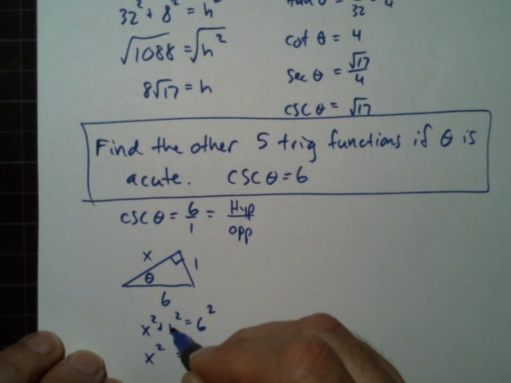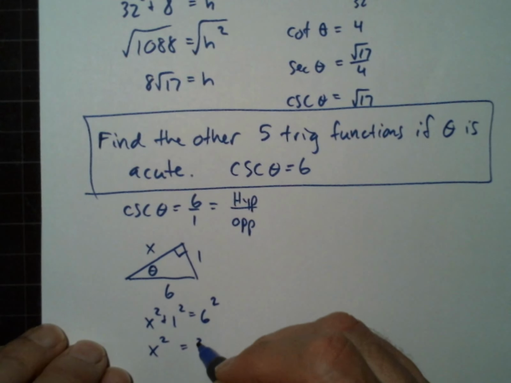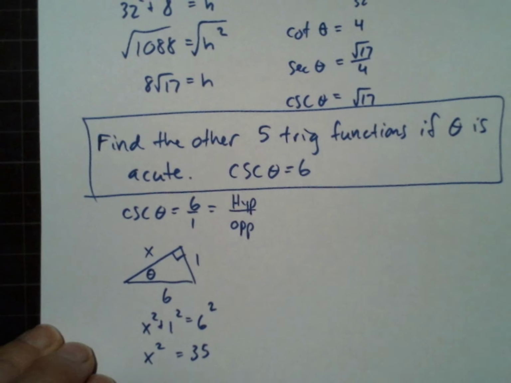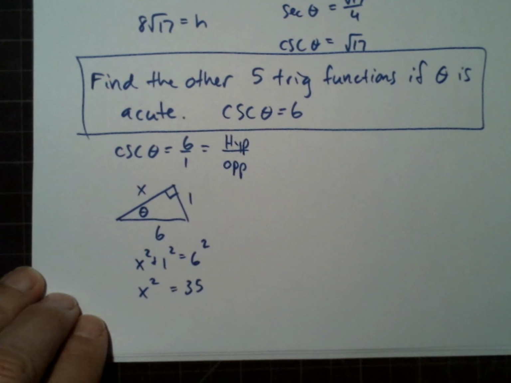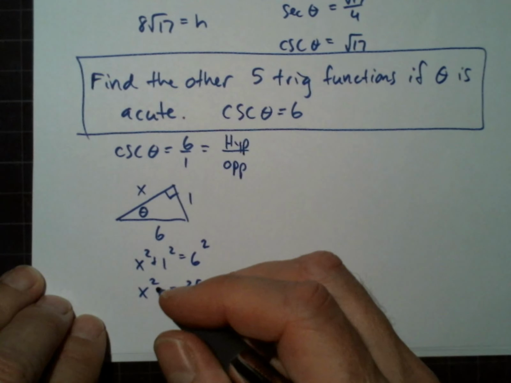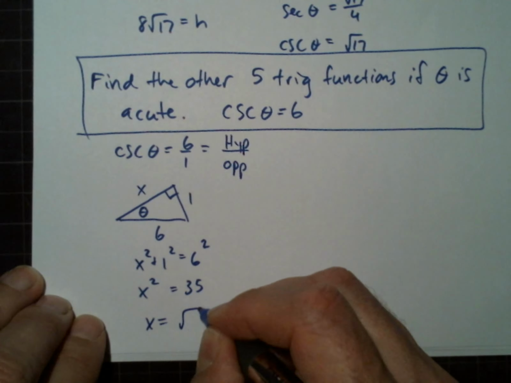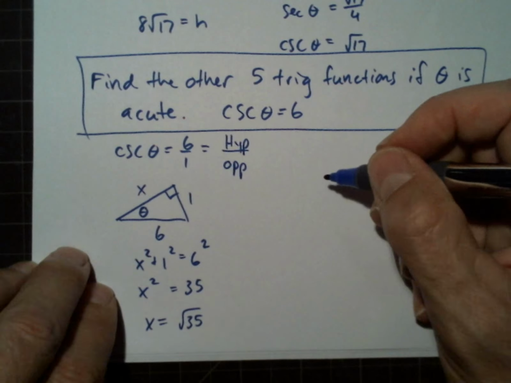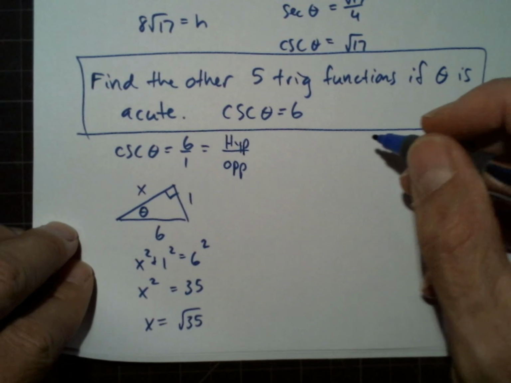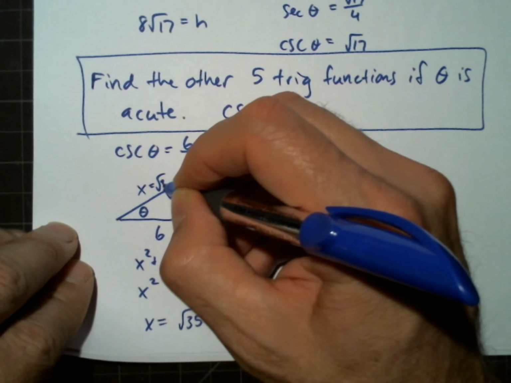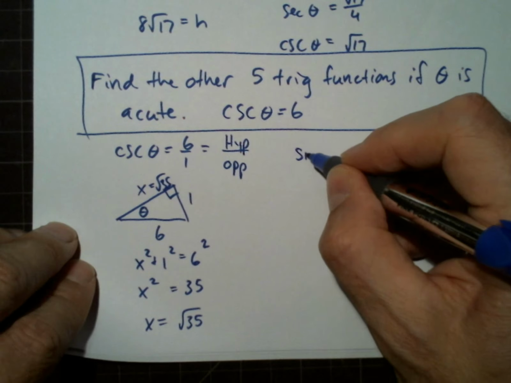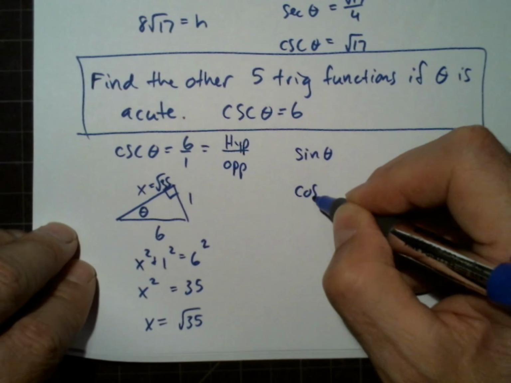This will be 36 minus 1. And then we're back to the same steps.